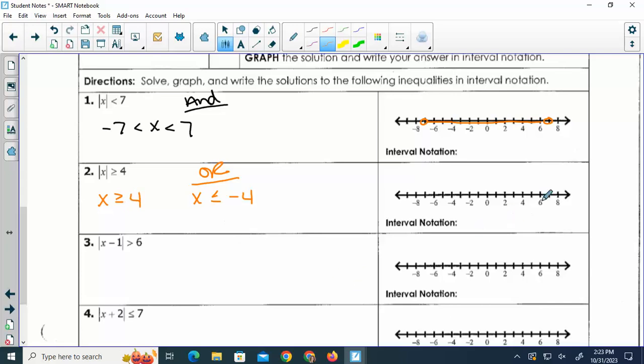So for or, we're expecting two pieces going opposite directions. x is greater than or equal to 4, so it would be a closed circle at 4, going to the right. Less than or equal to negative 4 would be a closed circle at negative 4, going to the left.